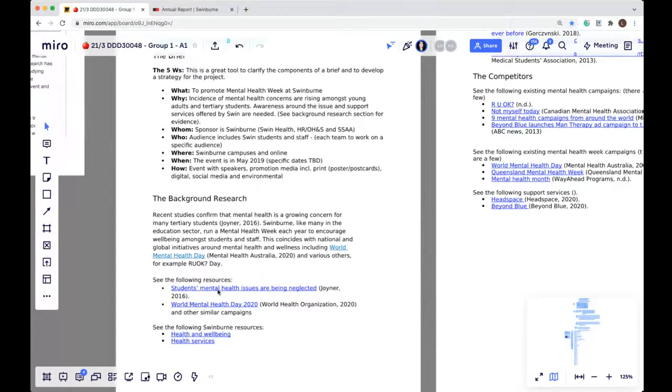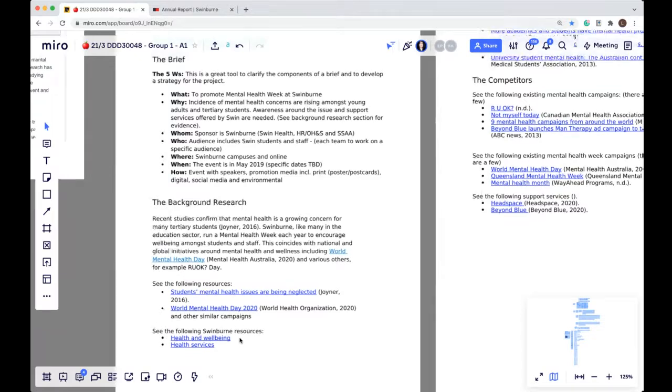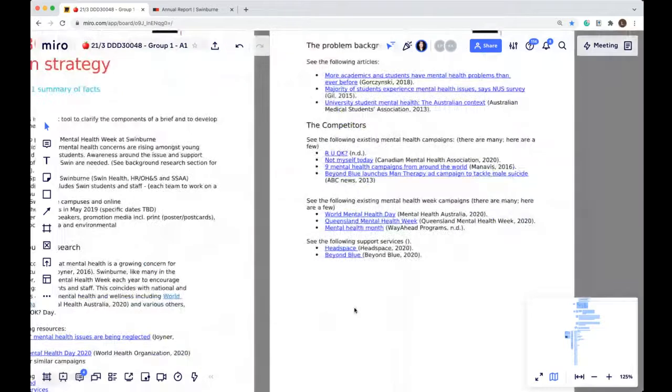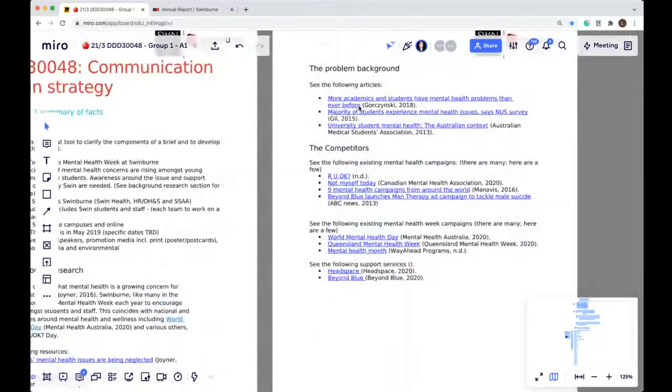So here are some resources on how students' mental health issues are being neglected. Here's some information about World Mental Health Day. There are the health and wellbeing and health services links there. And there's some more. Academics and students have more mental health problems than ever before. So here's a whole bunch of research that you can go to.